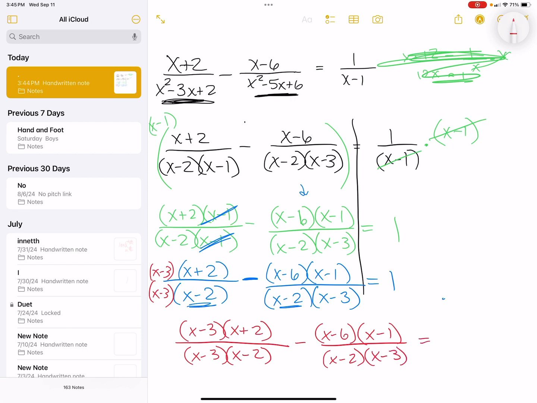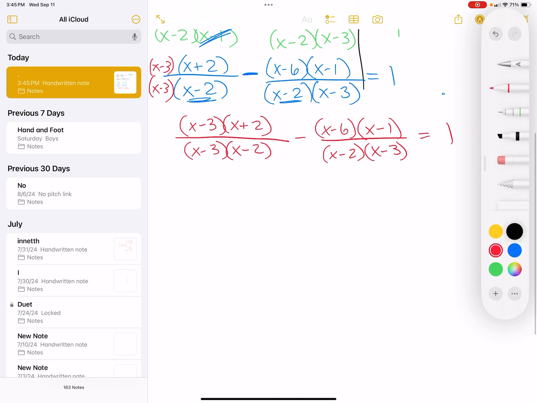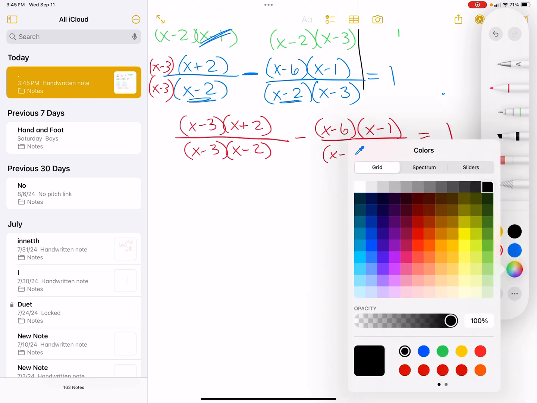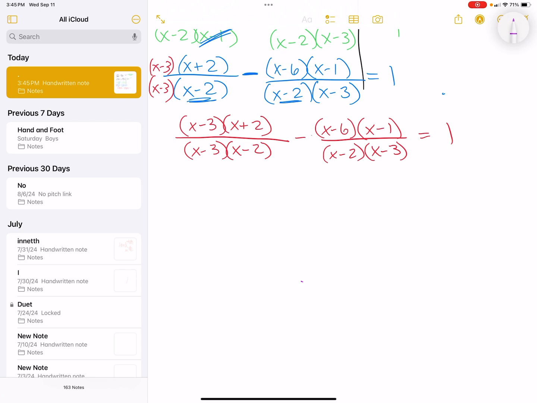So now I have that common denominator so I can add those fractions. I just keep changing colors for you so that you can keep up with what I'm doing here. So now these can be combined because we have a common denominator. So we can write it as one big long fraction over (x - 3)(x - 2).